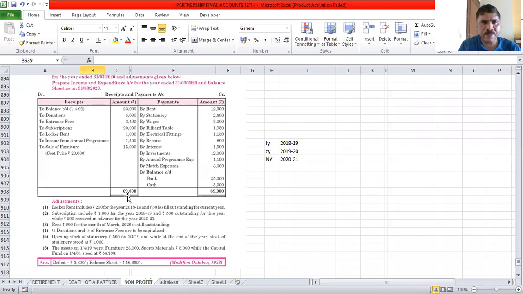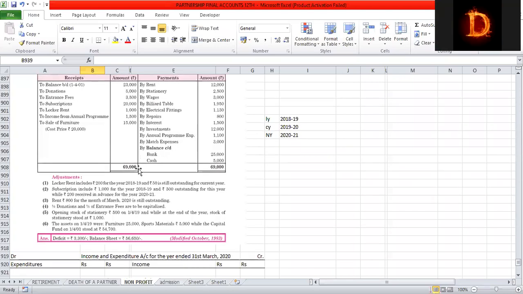Now, one by one, first one balance brought down. Ignore. Next, we have donation 5,000. Half of the donation, half of the entrance fees to be capitalized. 5,000 into half, how much does it come? 2,500. What I have to do?